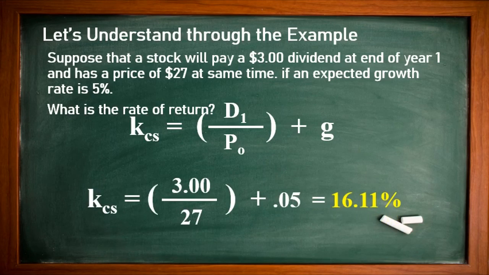KCS is equal to the dividend, which is 3. They are mentioning after 1 year, so there is no need to adjust with the growth, divided by the price, which is also given for the current year, 27, plus the growth rate of 0.05. It means the required rate of return is 16.11%.